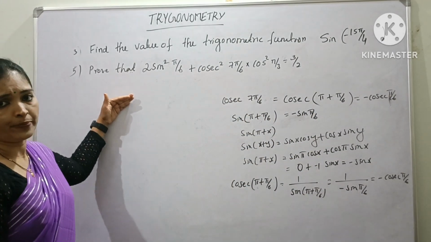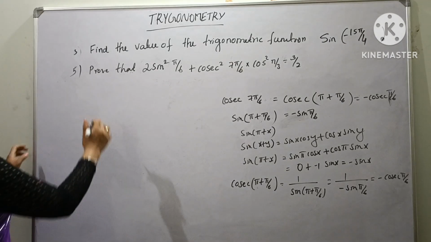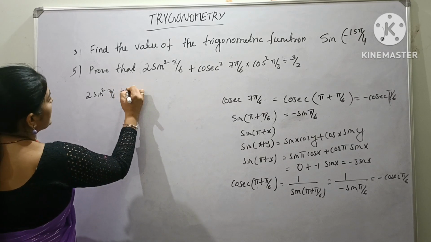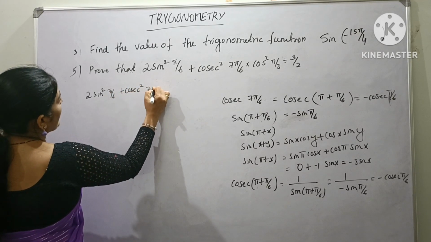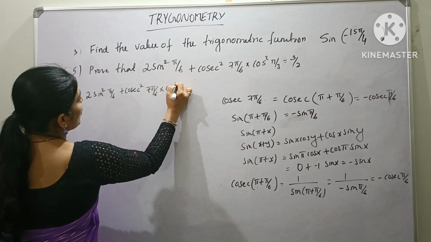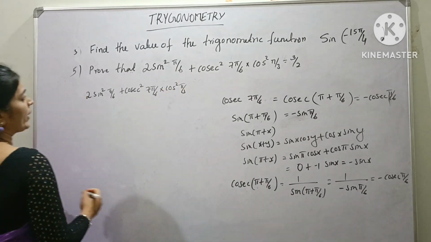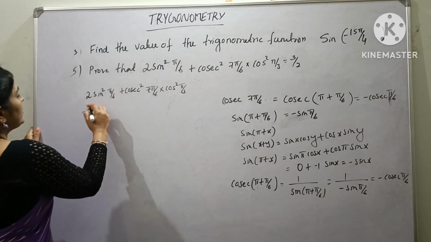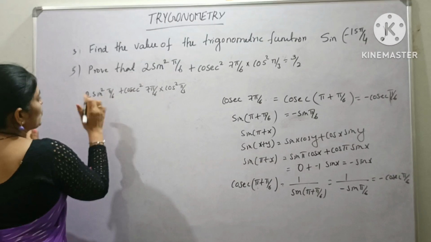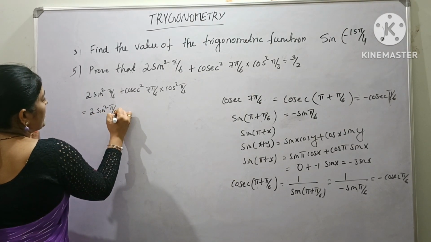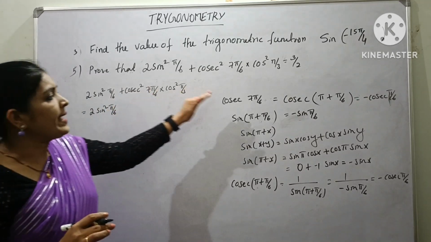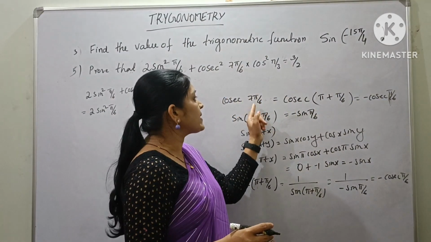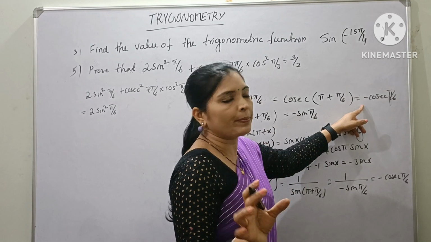Now we can substitute here. Okay, now let us write LHS term. 2 sine square pi by 6 plus cosec square 7 pi by 6 into cos square pi by 3. Okay, that is equal to, here let us substitute. Okay, 2 sine square pi by 6. Say cosec 7 pi by 6 is minus cosec pi by 6.